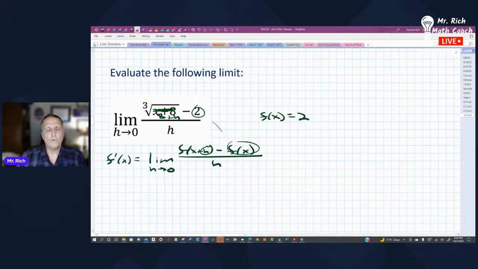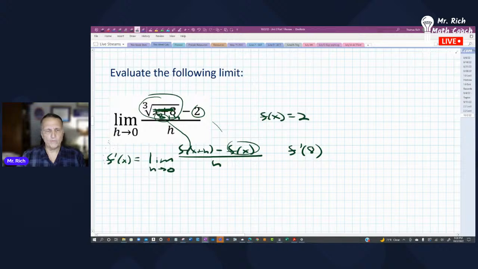So what we're looking at here is that there is an x value of 8. So this really is a derivative of some function evaluated at x equals 8. Okay, now what could that be? Well, we're looking at the function here, right? And so that would be the cube root function.